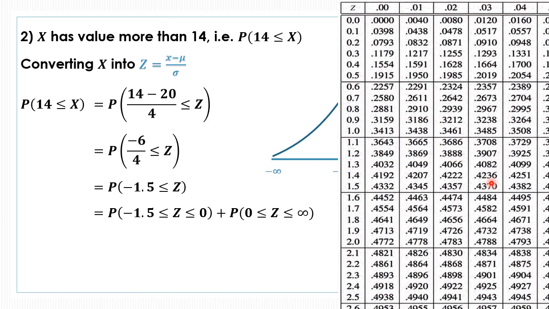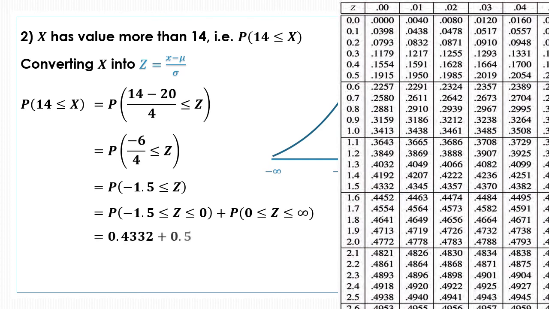We will take our table here. Now once again, infinity value is 0.5 because it's the whole right hand side part, which is 0.5. So we just need to calculate probability for negative 1.5. Now it doesn't matter whether it's negative or positive. We just have to check it out at 1.5 and 0. It connects at 0.4332.